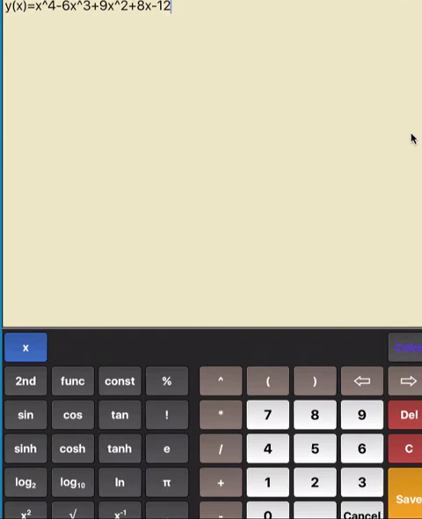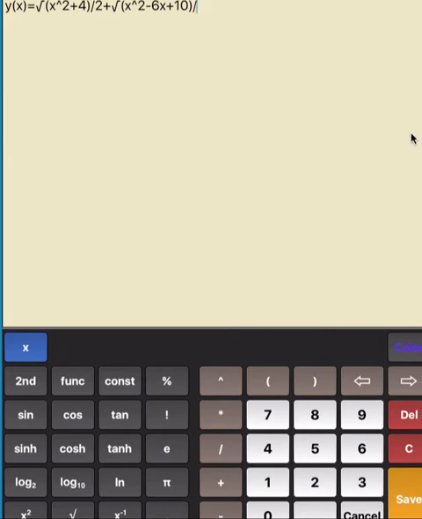And so let's see. So I've got the square root of x squared plus 4. So square root of x squared plus 4, close the parentheses, divide that by 2, and then add the square root of x squared minus 6x plus 10. Please be careful how you're entering this.